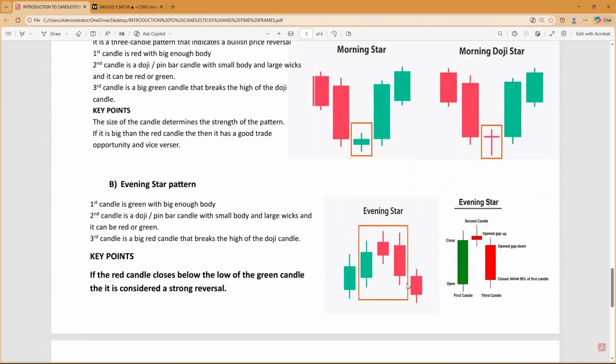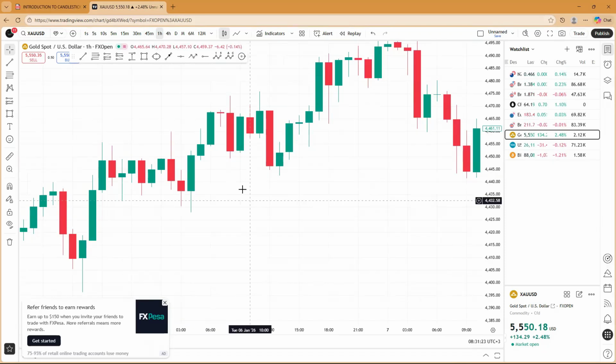Just take it like the way the sun sets and rises. So the sun rises, we call it morning star. The sunset, we call it evening star. It's just like evening star is going down and morning star is going up, the way the sun does. Okay, nice.